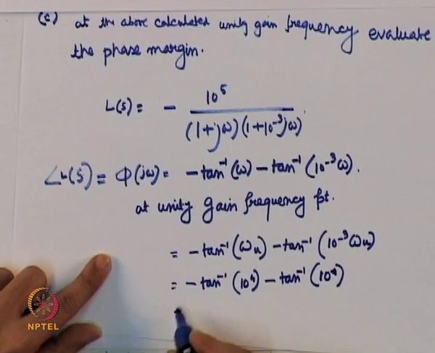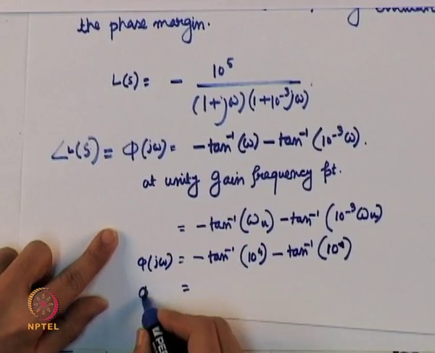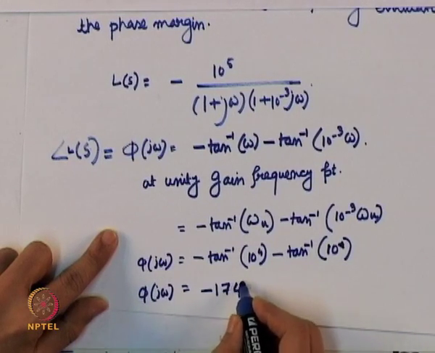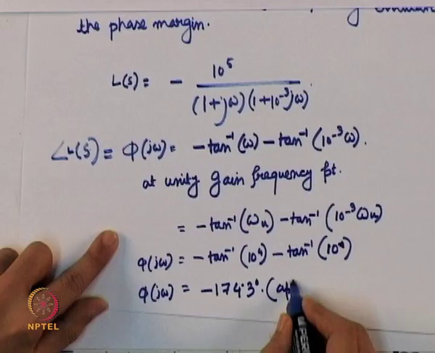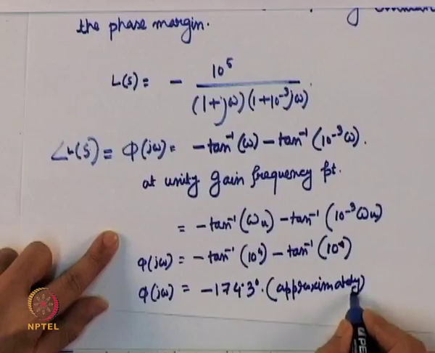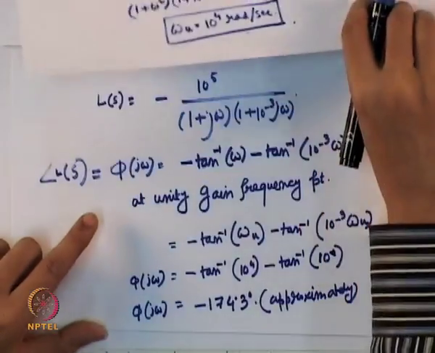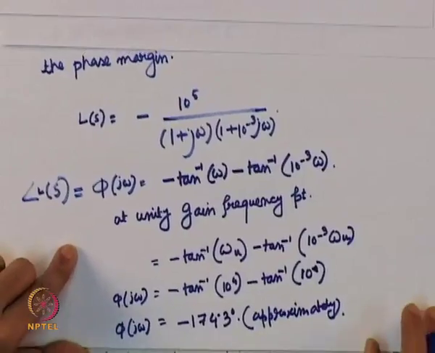So, if we calculate this phi of j omega, it will give you minus 174.3 degrees approximately. It is in degrees and our omega u we have got is in rad per second, so this conversion should be noticed while calculating the value of phi of j omega.